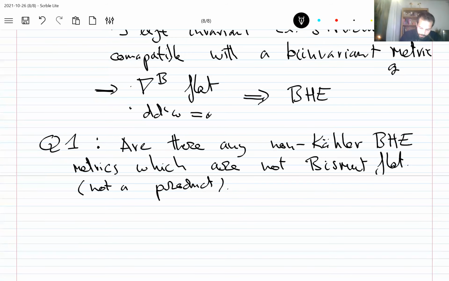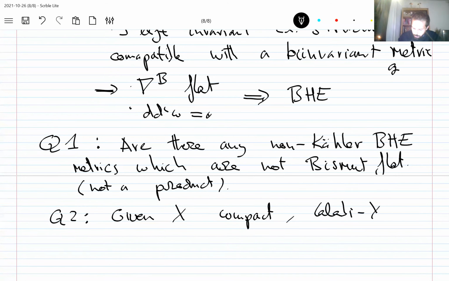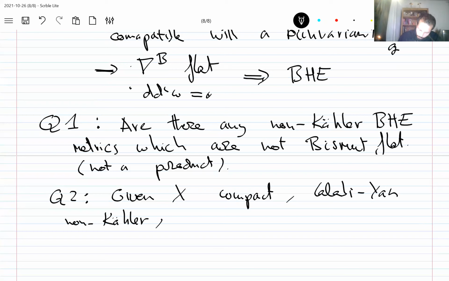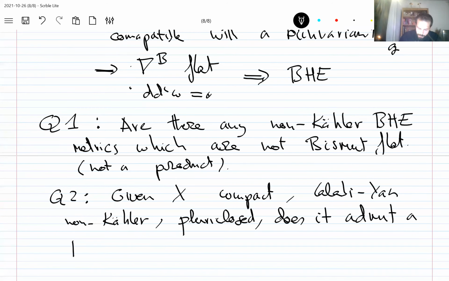So the second question that we can ask is, given X compact Calabi-Yau and non-Kähler, which is furthermore pluriclosed, does it admit a Bismut Hermitian Einstein metric?